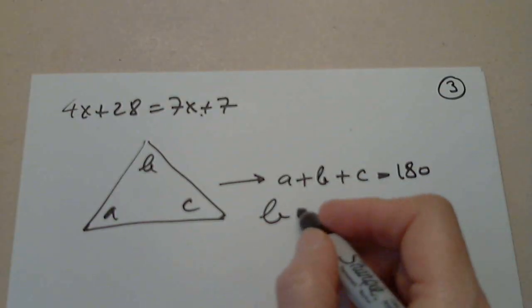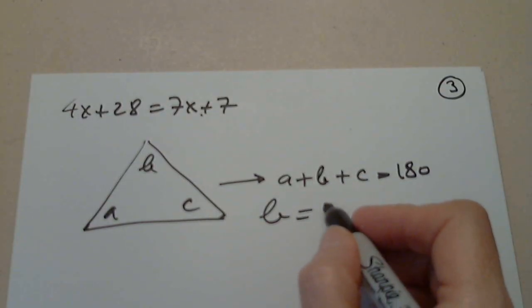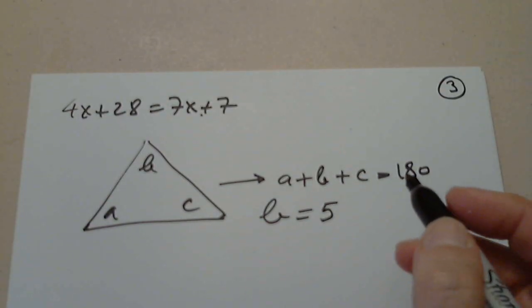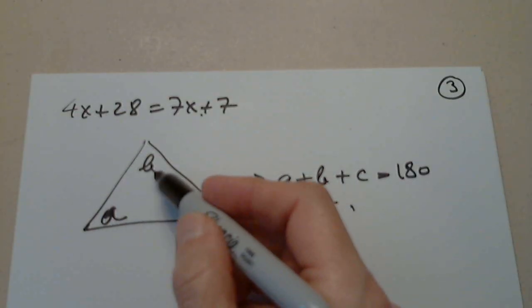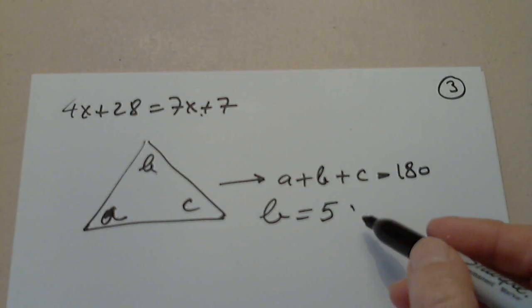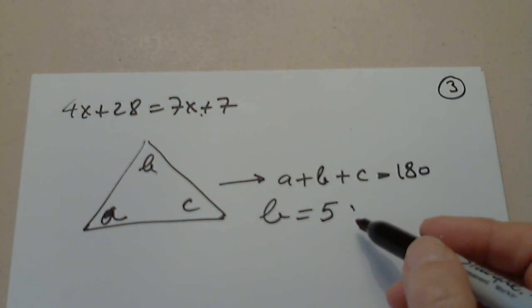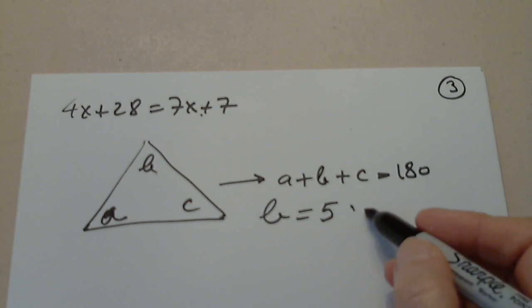B equals? 5x. This is A, this is B, this is C. The second angle measures 5 times the first. 5 times A. 5A. Very good.